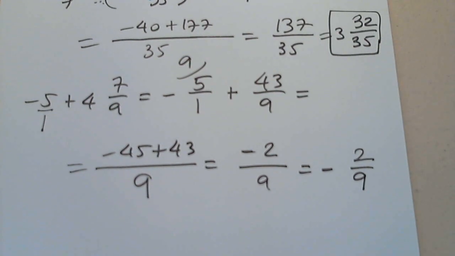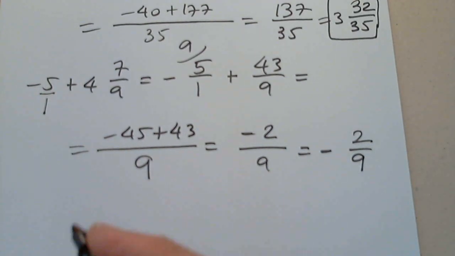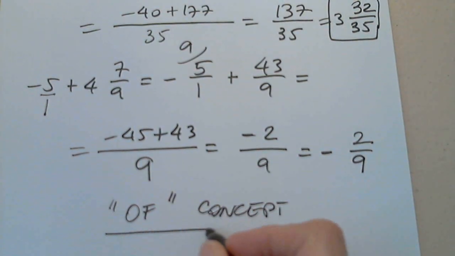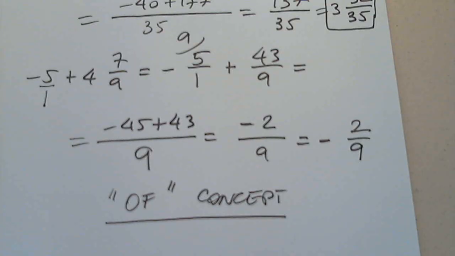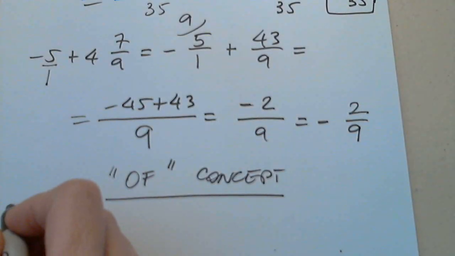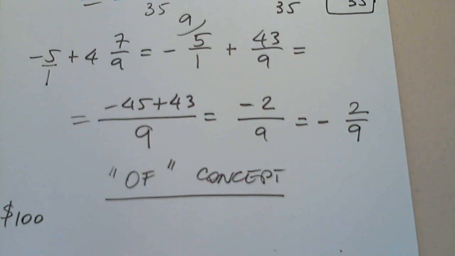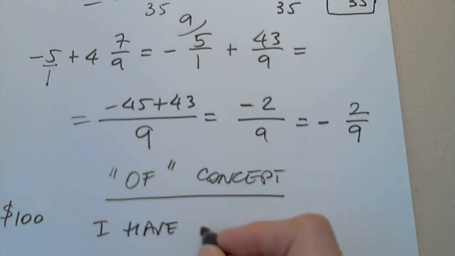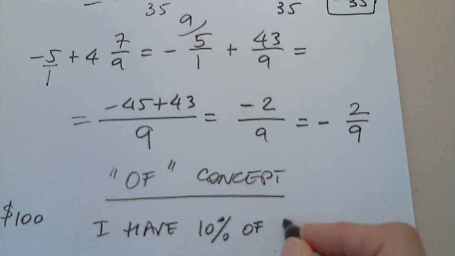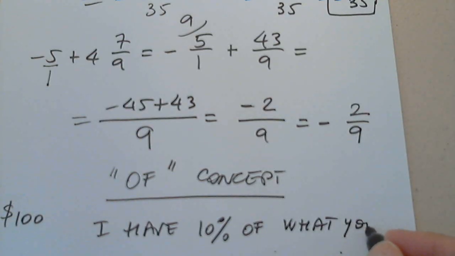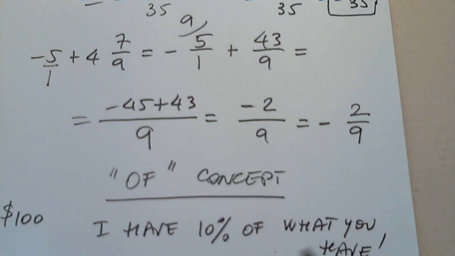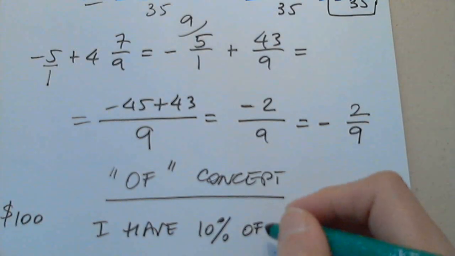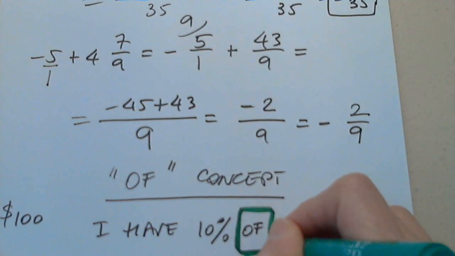I'd like to talk about a concept that I like to call the of concept. If I tell you, I know you have $100 in your pocket, and if I tell you that I have 10% of what you have, I want to discuss this conjunction, this of.